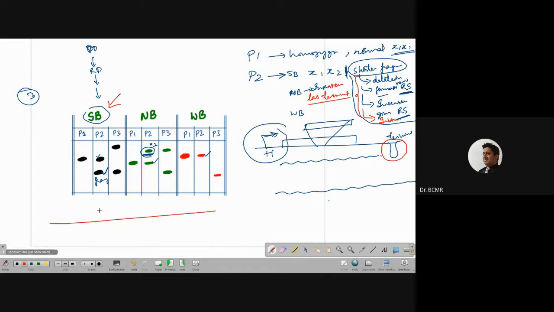It's not 3 or 4 bases. It can be some tens of bases, or even larger if it is in eukaryotes. And so if it is deleted, it could reflect in the southern blot. Please mark my words, I'm saying could. I'm not assuring that that is what will happen.